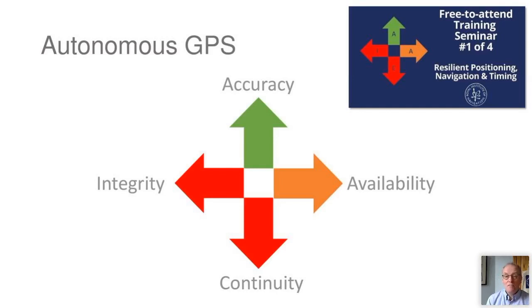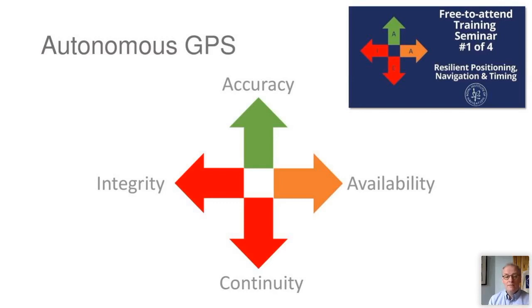Accuracy of 3, 4, 5 meters for a single frequency GPS system anywhere in the world autonomously, I'd say that's pretty green. On the other hand, with a standalone GPS or GNSS system on the left-hand side, the integrity is pretty poor. So there are all sorts of software fixes and so on that we'll talk about in subsequent presentations.